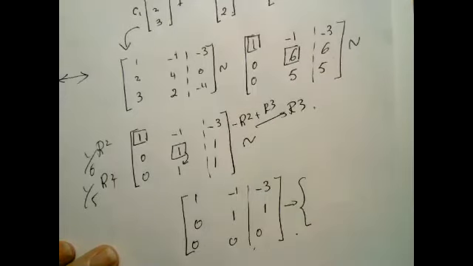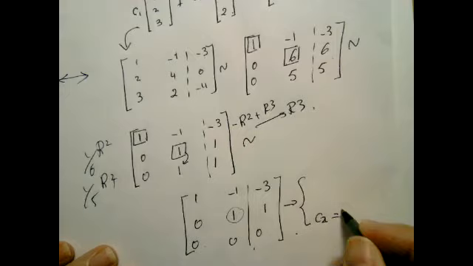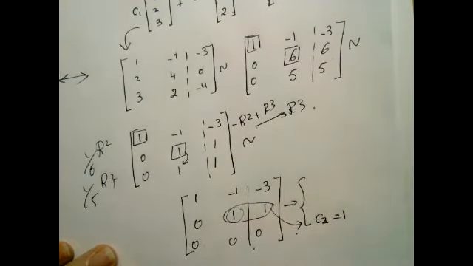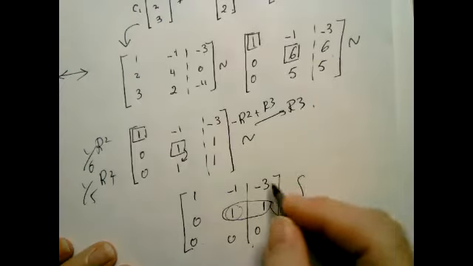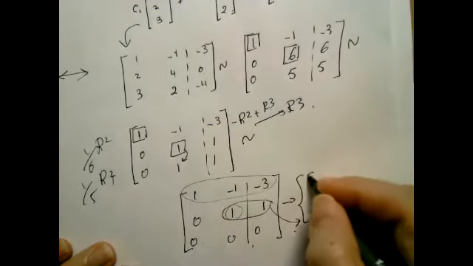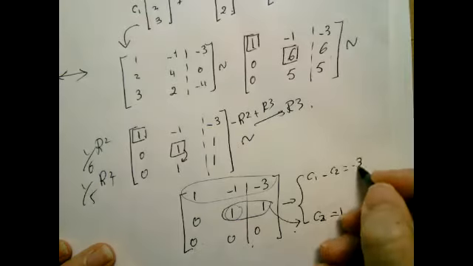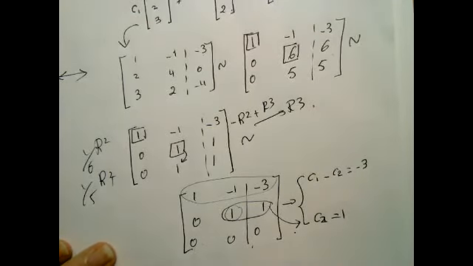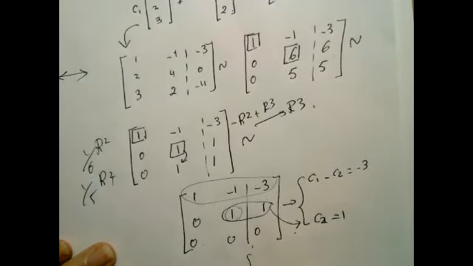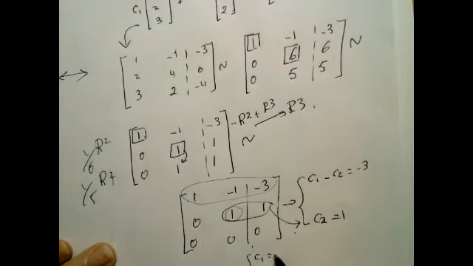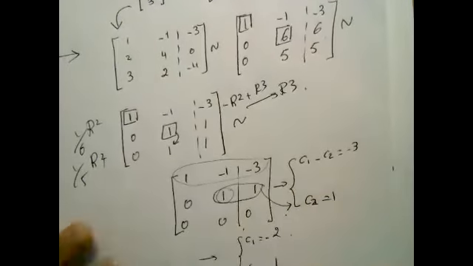And this tells me what the weights are. If I solve, C2 is 1, because this equation reads C2 is 1, and actually I have one solution. The first equation reads C1 minus C2 equals minus 3, so C1 is minus 3 plus C2, which is equal to minus 2.